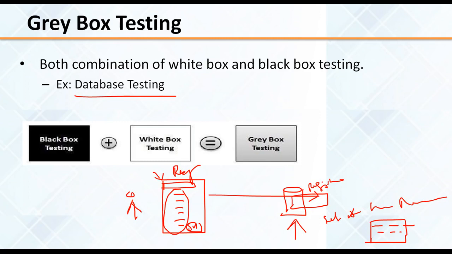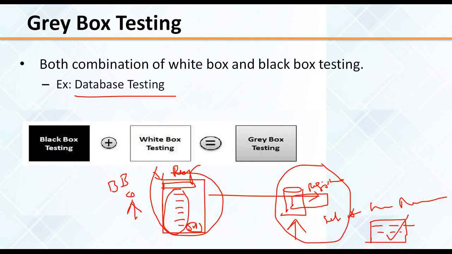Here on the UI we are doing black box testing, and here we are logging into the database, writing the query and checking the record availability. That comes under white box. So here we are using a combination of black box as well as white box. This is called gray box testing.